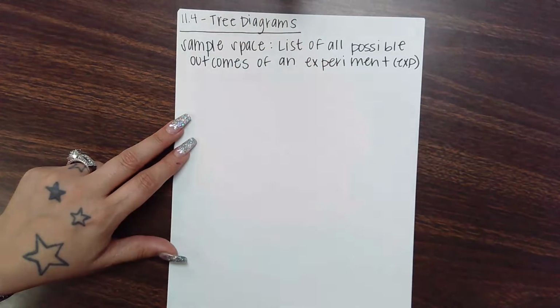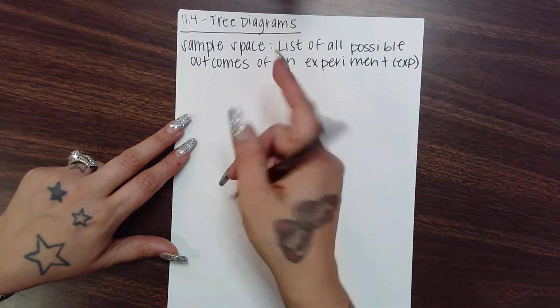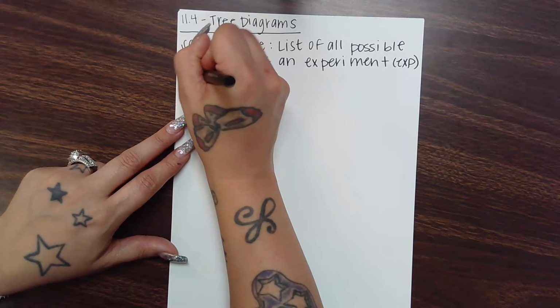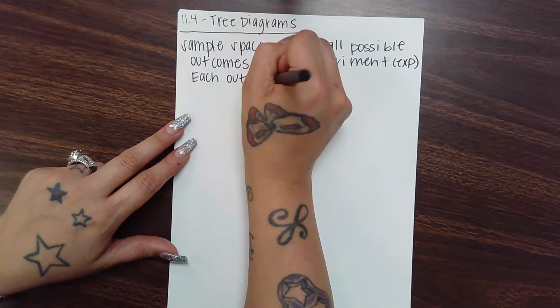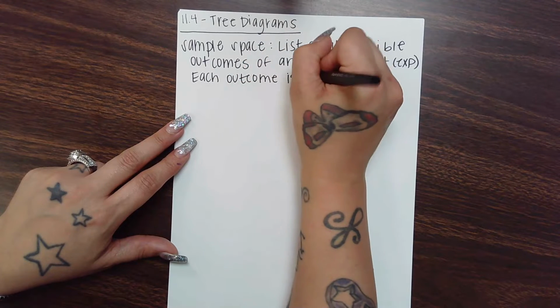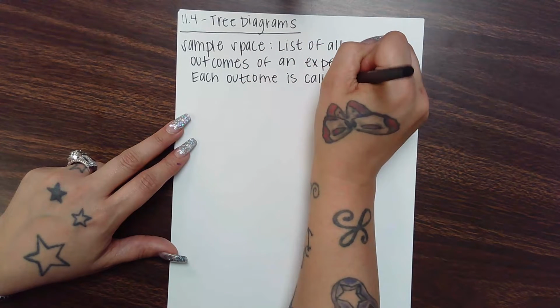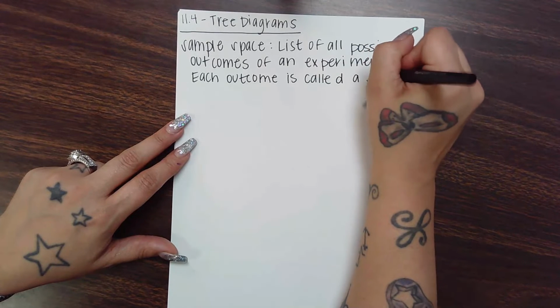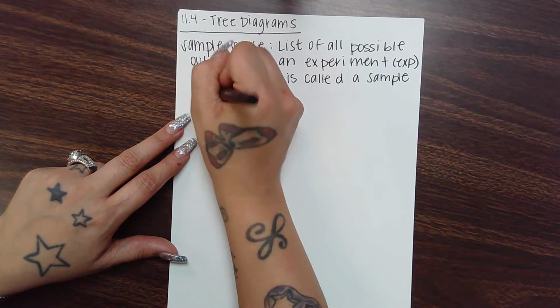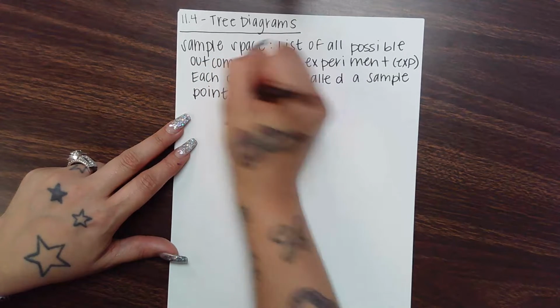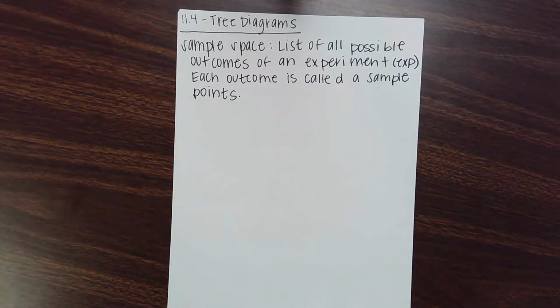Okay, so within a sample space, we have what's called sample points. And so I'm just going to add to this sentence that we just wrote: each outcome is called a sample point. So you perform an experiment and you have all these different possible outcomes that could happen.